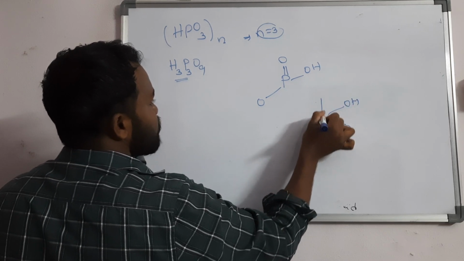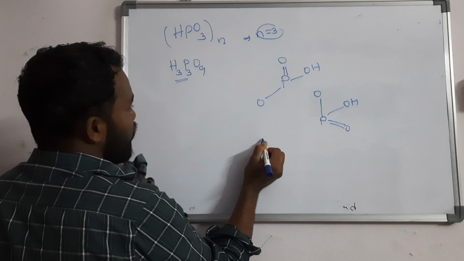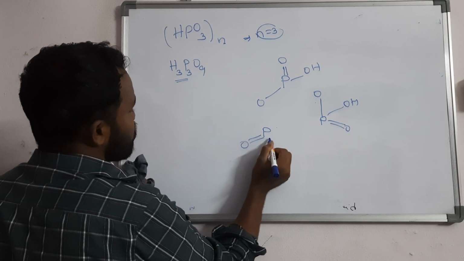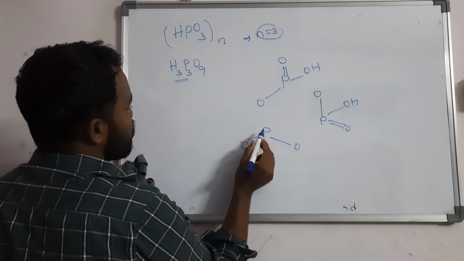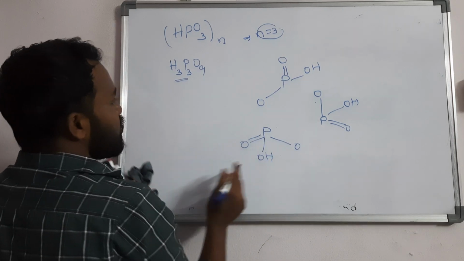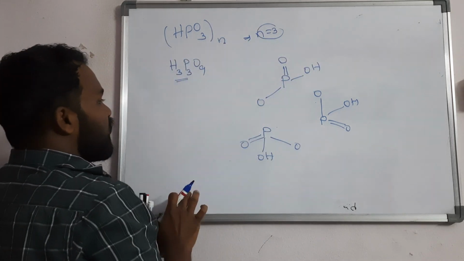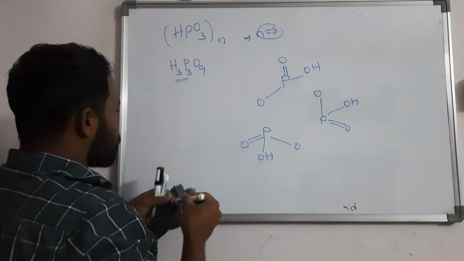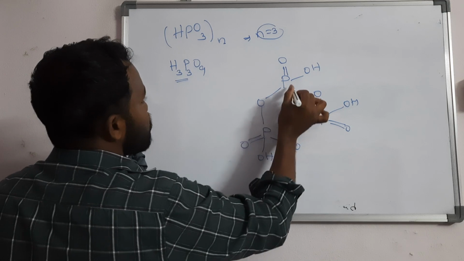For another mole, P double bond O, this O and OH. So I am writing H3PO3. Since it exists as a polymer, you simply keep the bonds here.